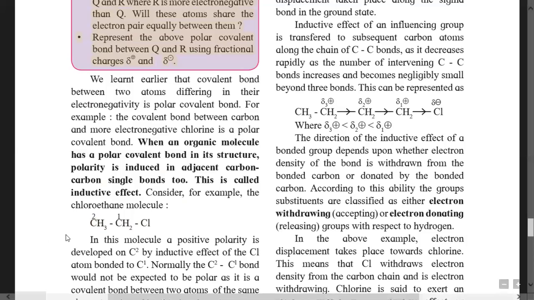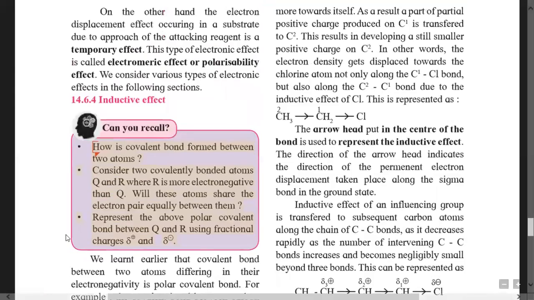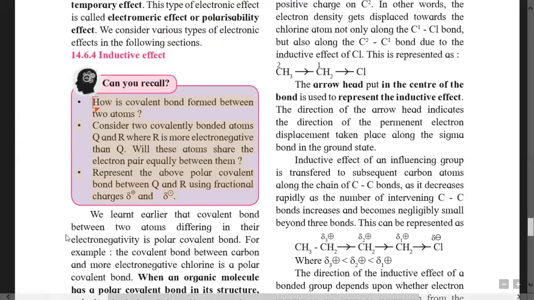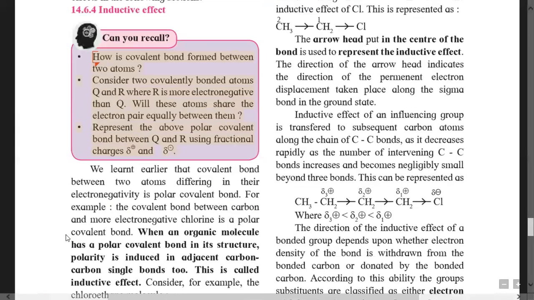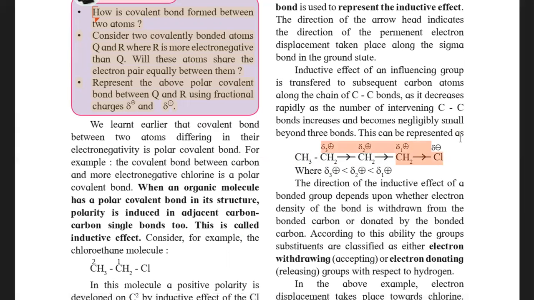And therefore the formation of delta positive and delta negative charge, that is small positive and small negative charge, is shown in this molecule. Here the chlorine possesses delta negative charge and adjacent carbon, that is carbon number 1, possesses delta positive charge.